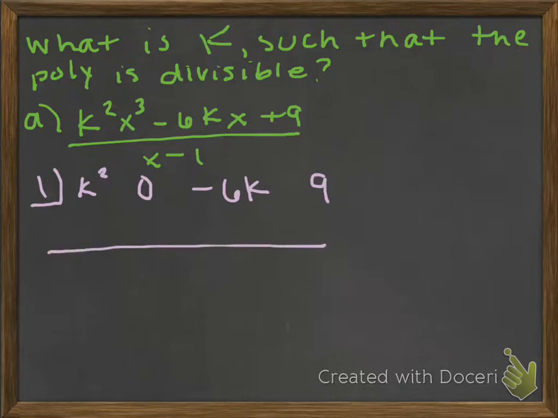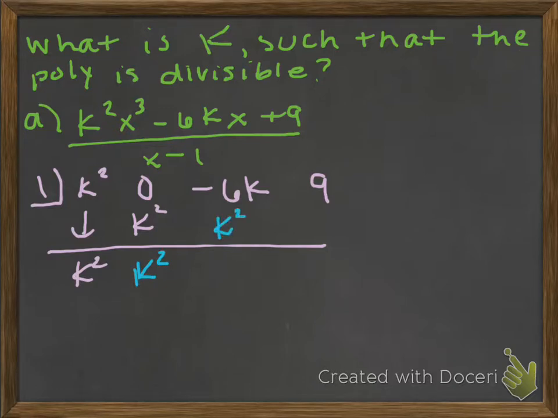So again, we're going to do all this and figure out what the expression is for the remainder, and then we're going to solve it at the end to figure out what is the value that would make it perfectly divisible, meaning no remainder. So if I drop this k squared down, we have k squared here. k squared times 1 is k squared. k squared plus 0 is k squared, sorry. 1 times k squared is k squared.